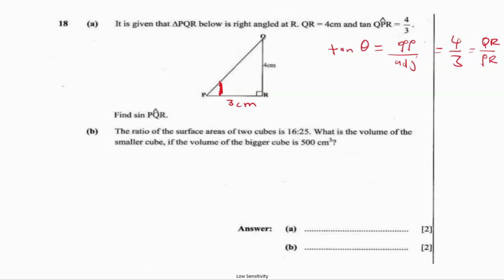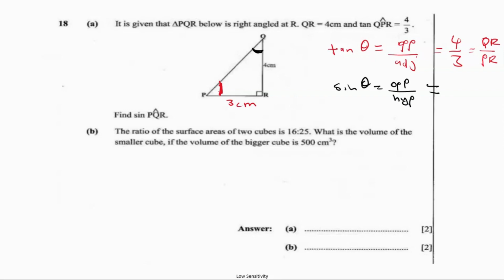So what do we need now? What we need to calculate is sine PQR. So this angle in black here is the angle PQR, but we do know that sine theta is equal to the opposite over the hypotenuse.